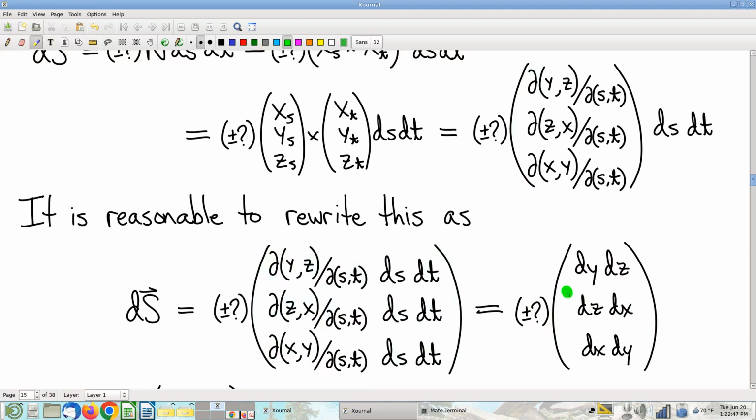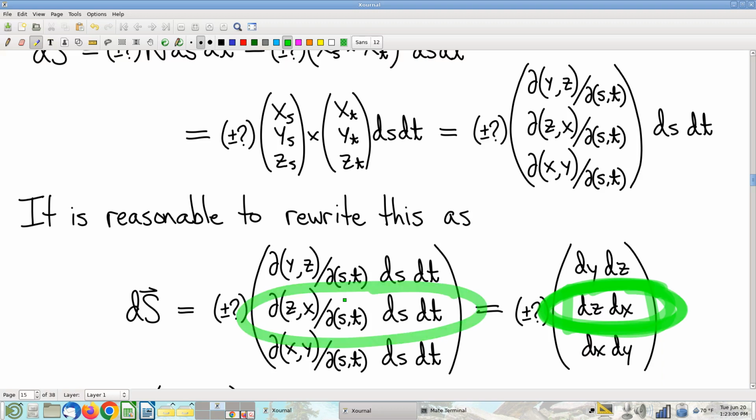A lot of people have an instinct to put things in alphabetical order. Got to resist that instinct here. Don't forget what we have here is just representing this thing over here. And over here, it is very important that the z come before the x and not the other way around, because this, don't forget, represents a determinant.